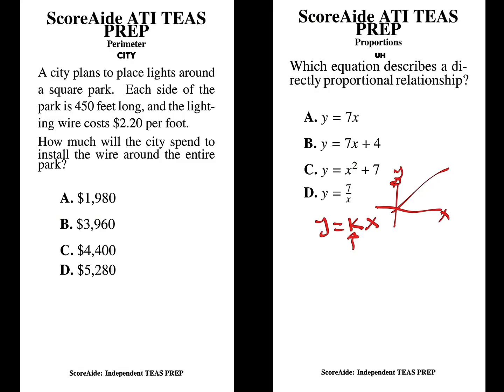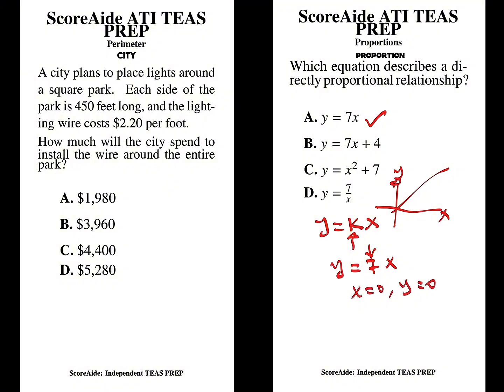Looking at these options, the correct answer is gonna be A, because we have y is equal to 7x, and you see that the constant k is equal to 7, and when x is equal to 0, y is equal to 0. Therefore, the graph passes through the origin, unlike the other ones.